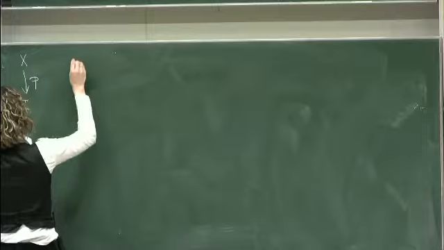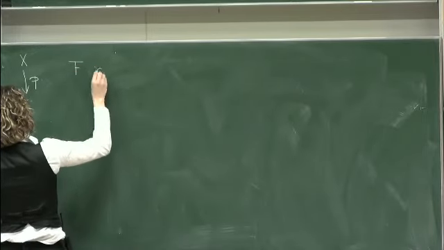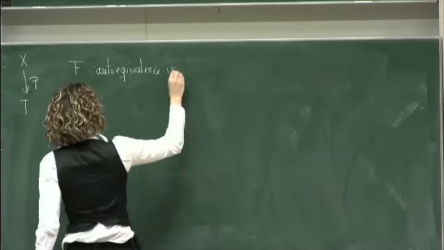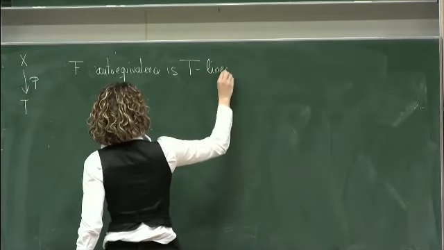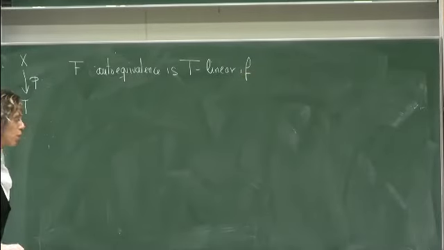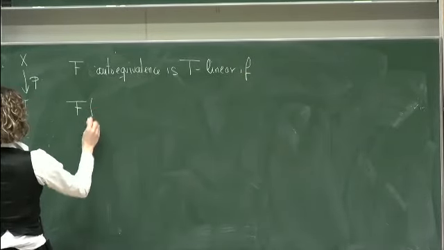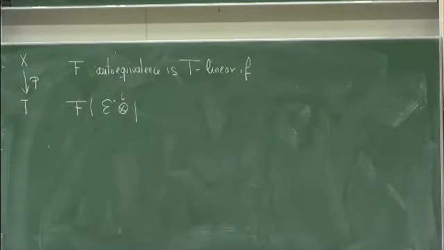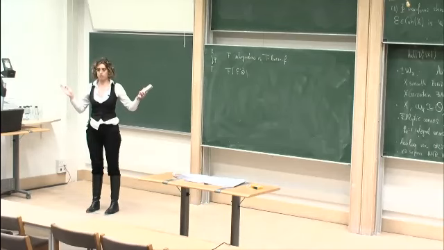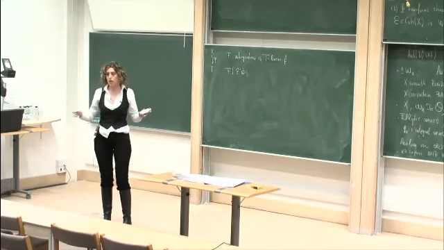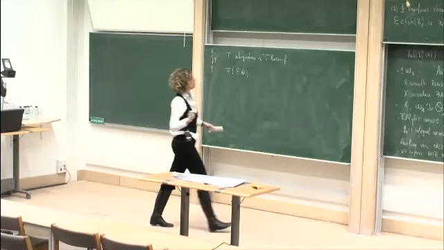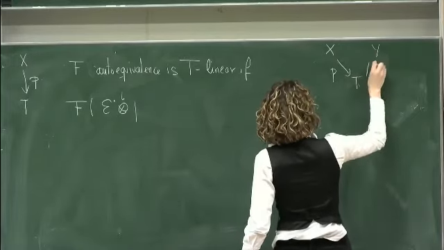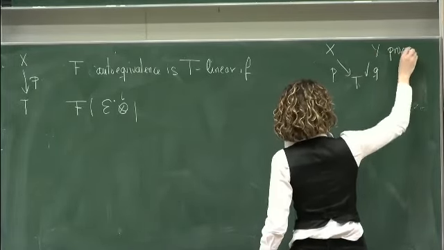So let's say F, an autoequivalence, is linear over the base if it satisfies the following property. So you have your functor. So for any complex and any complex coming from the base, so let us assume from now on that all our fibrations are flat, okay? Because we're interested in fibrations that are flat and proper morphisms, okay? So from now on, P and Q are proper and flat.